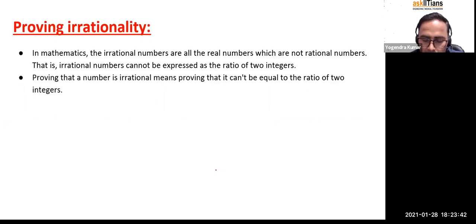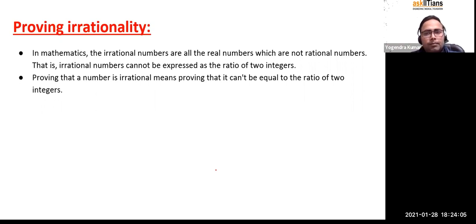I said real numbers are divided into two categories, either rational or irrational. So if it is not rational, then it has to be irrational. If we know the definition of rational numbers, we can say the other one is irrational.